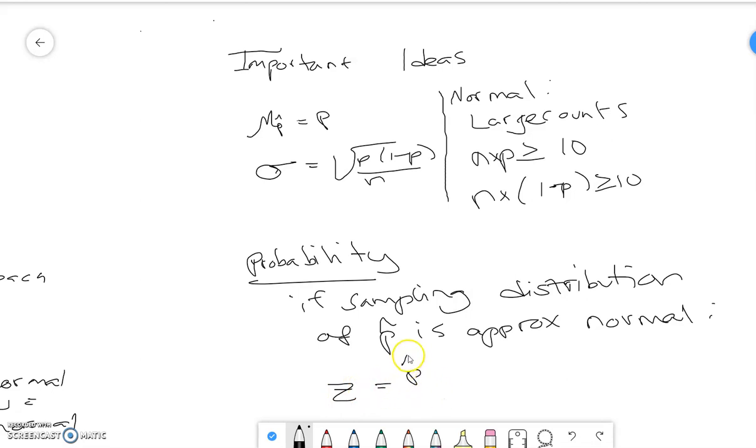And that was equal to p-hat, what we were looking for, minus our true proportion, divided by our standard deviation, which we saw in our last big idea: the square root of p times 1 minus p over n. So these are on your equation sheet.